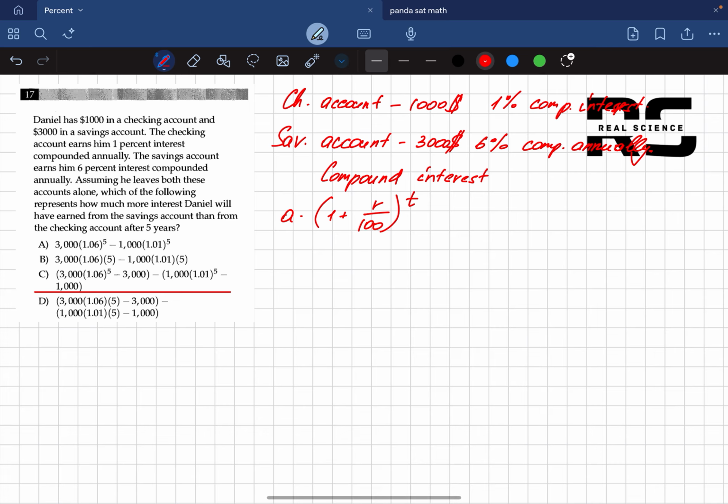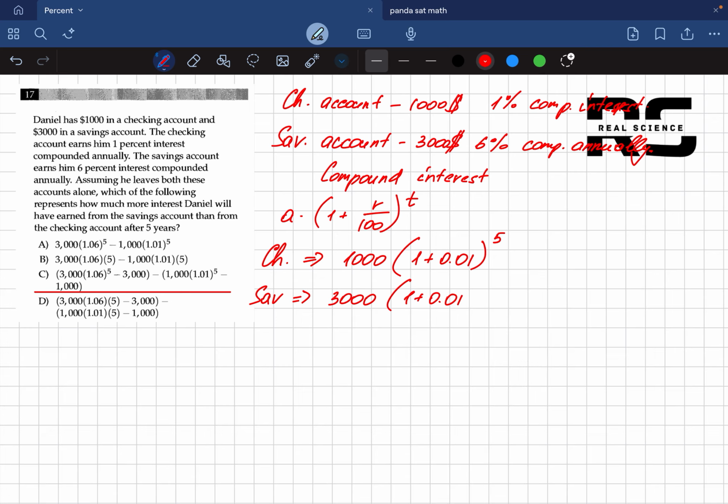For the checking account, the initial amount is $1,000 and he's earning 1%, so that's 1 plus 0.01 to the power of 5, after 5 years. For his savings account, that's 3,000 times 1 plus 0.06 to the power of 5.